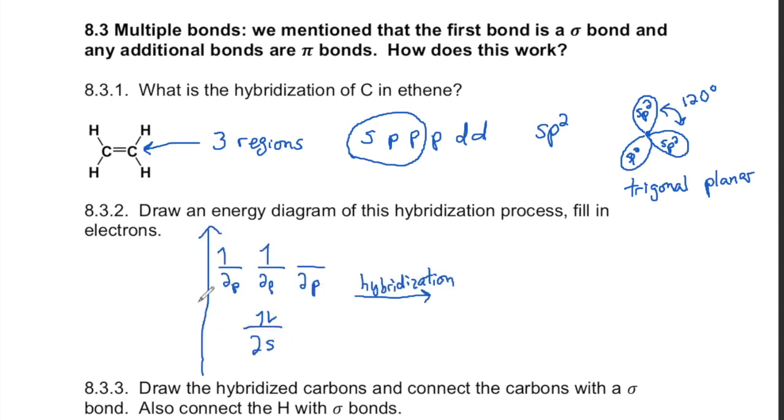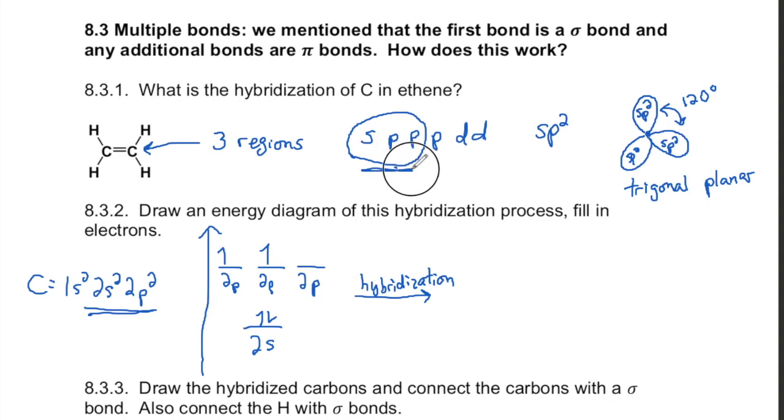So here is a diagram showing the valence electrons of carbon before the hybridization takes place. The electron configuration for carbon is 1s2, 2s2, 2p2. So we're just drawing these valence electrons. We have 2 electrons in the 2s orbital and then 2 electrons that are in 2p orbitals.